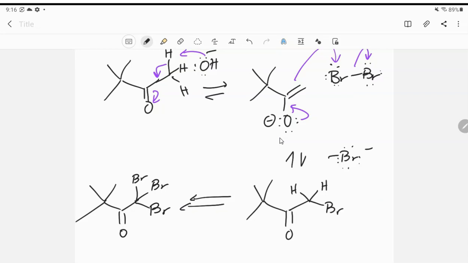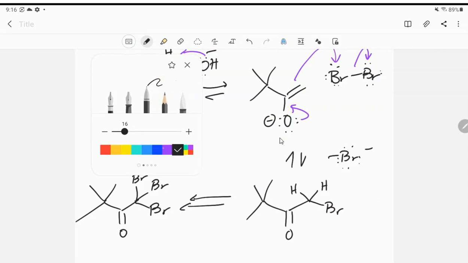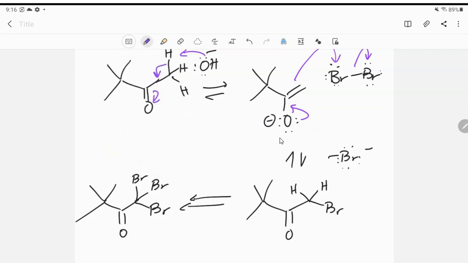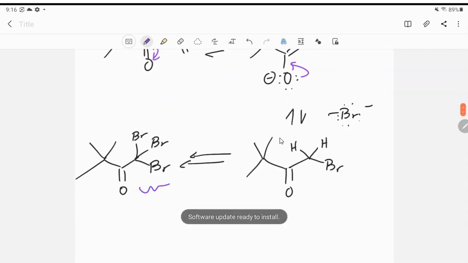Because there's no reason that the reaction would stop. It would actually get faster the more bromines you put on. So we're going to end up having all 3 on it. And now, interestingly enough, we have a pretty good leaving group. I don't know if you remember, but CX3 was a strong deactivator in our benzene.